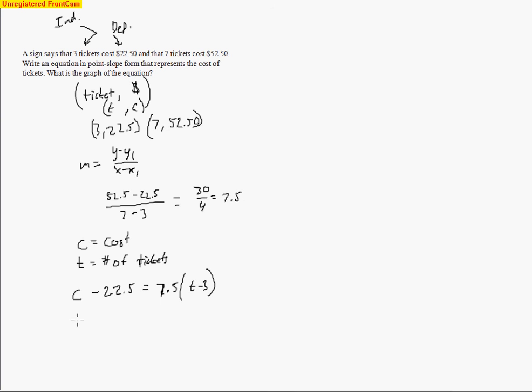So when I go ahead and do some work, C minus 22.50 equals 7.5T minus 22.50. And so when I go ahead and add that 22.50 to both sides, it cancels it out. So I'm left with C equals 7.5T, which is $7.50 per ticket. And that would be my equation.